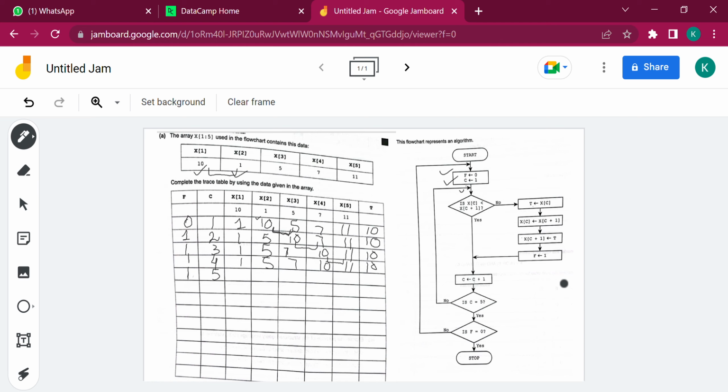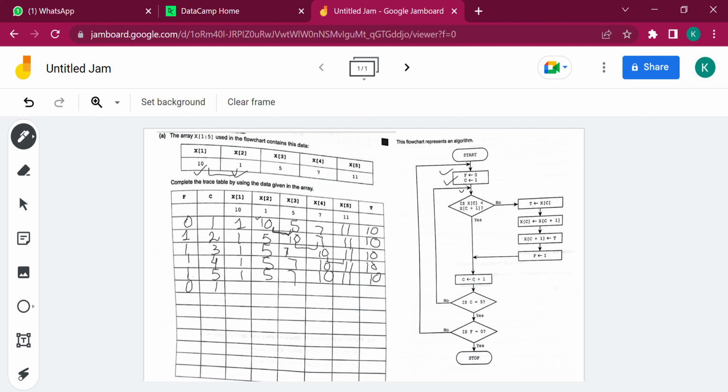F is 1. So we are going to move till here. F is equal to 0 and c is equal to 1. At the next iteration, I am writing this f as 0 and c is now 1. The rest of the line and the value of the array will remain as it is.